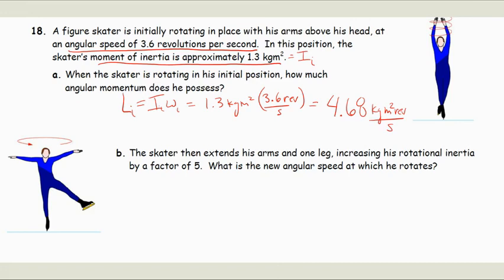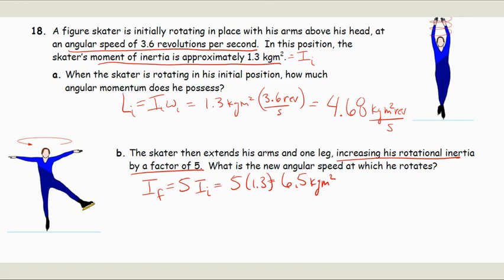Okay. The next question says the skater then extends his arms and one leg, increasing his rotational inertia by a factor of 5. So I final is 5 times I initial, which is 5 times 1.3, which is 6.5 kilograms times meters squared.